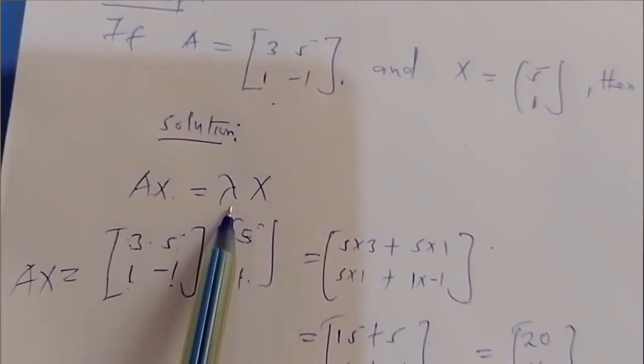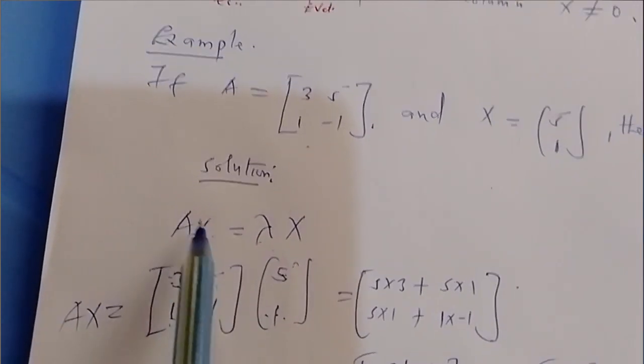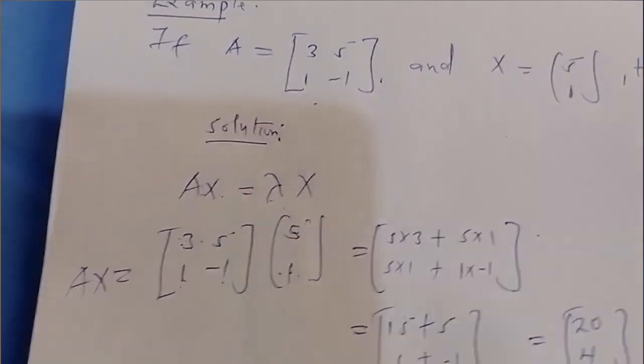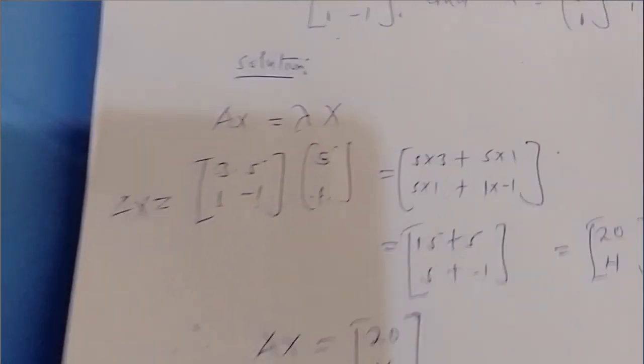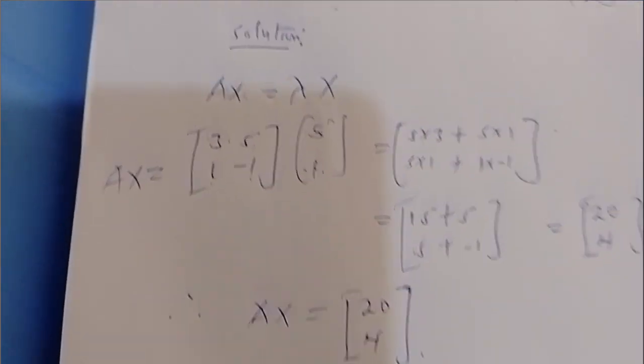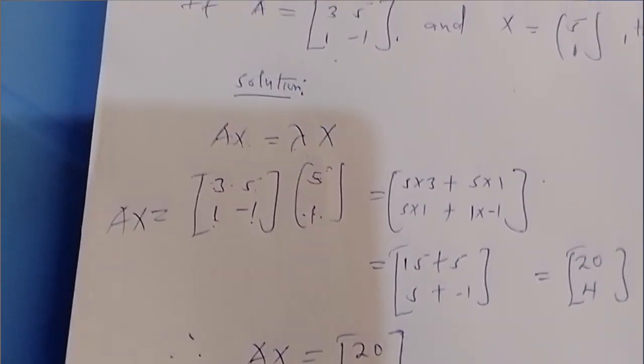But now we want to express Ax in terms of lambda x, so we have to find this lambda. We have A, we have x, so we want lambda. We have said that Ax is equal to lambda x.